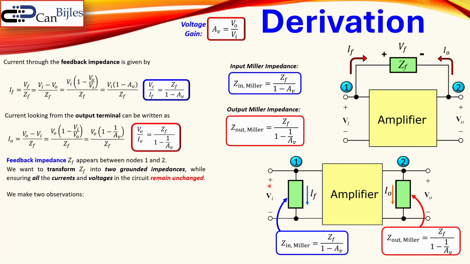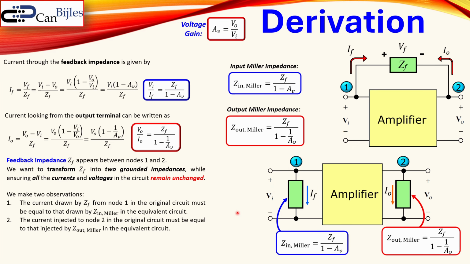Now we make two observations. This is very important. The first one is the current drawn by this feedback impedance from node 1 in the original circuit must be equal to the current drawn by the Z in Miller in the equivalent circuit here. And that is of course true because VI over IF is this. And the voltage at this node is still VI, so that is also fulfilled.